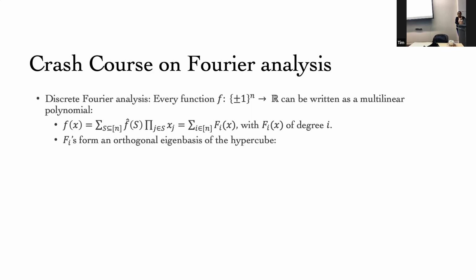And this decomposition, we can show it has some nice properties, like all these functions are orthogonal to each other, functions from different levels. And if we look at the hypercube adjacency matrix, then these fis are eigenvectors of the matrix.